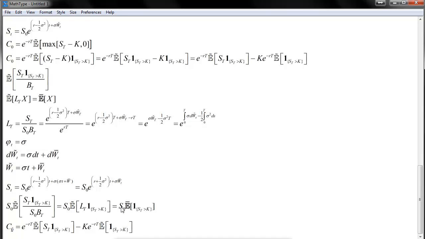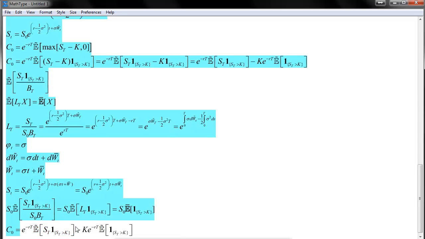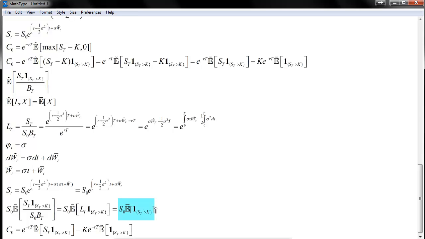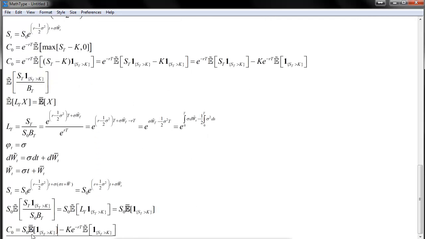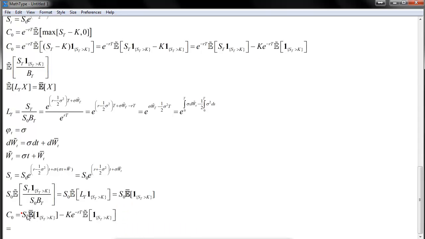C0 is equal to, instead of this expectation and e to minus RT, I use this term, and now I just simply have two expectation terms, and this is also equal to the probability under this measure that St is greater than K.